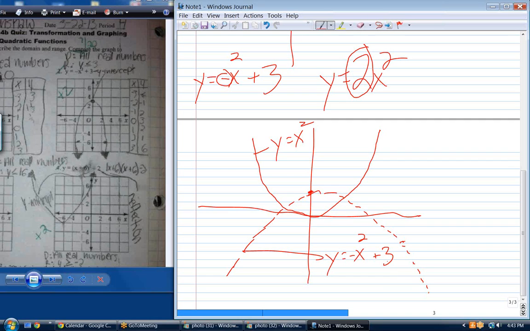And notice that it does matter which you do first. No, it doesn't. In other words, if I started with this and I moved it up 3 first and then reflected, I would still get what I got. Sometimes it does matter the order you do these, but in this particular problem it does not.